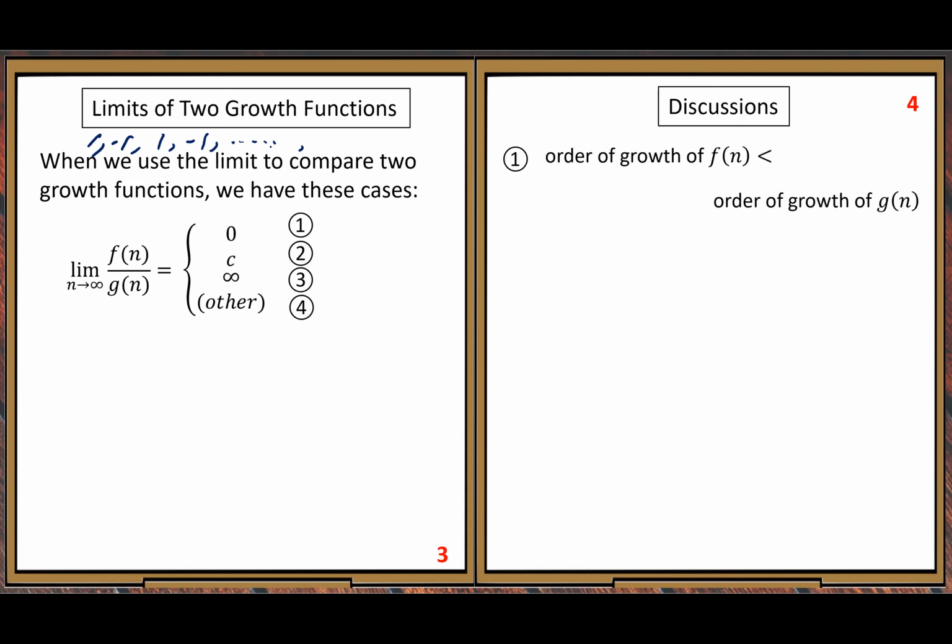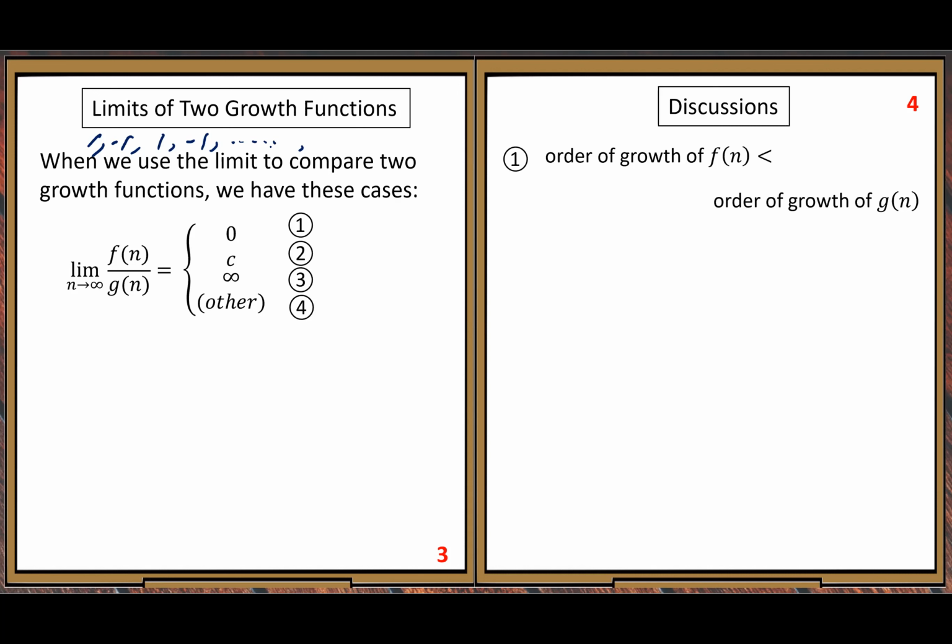All right, so here, look at this ratio of two growth functions, f of n and g of n. We compare which one grows faster or slower. To talk about that, we use a terminology: order of growth.